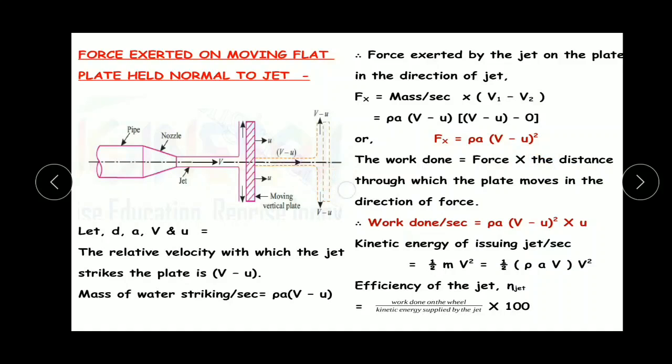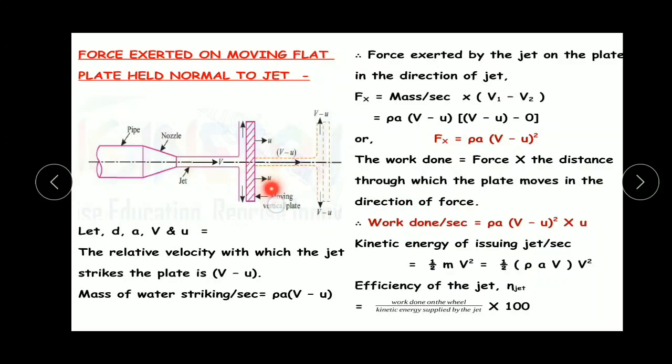As the plate is moving, some displacement occurs. As a result, in this case work is done. Work done equals force into the distance through which the plate moves in the direction of the force, or the direction of the jet.